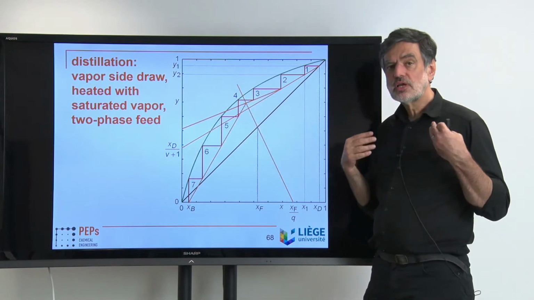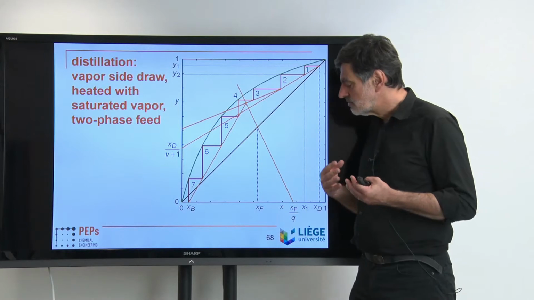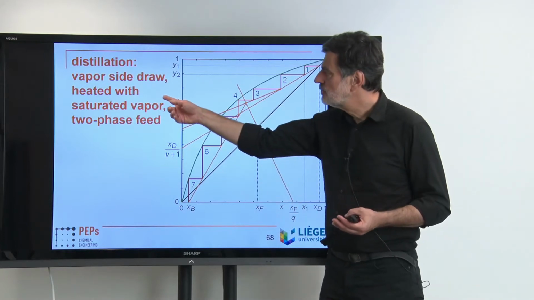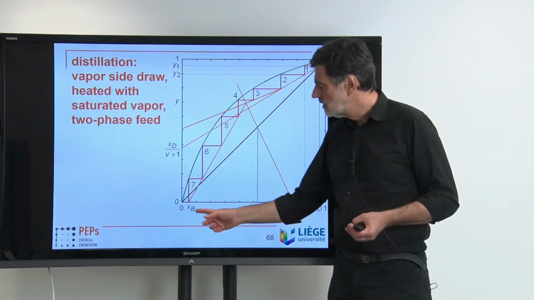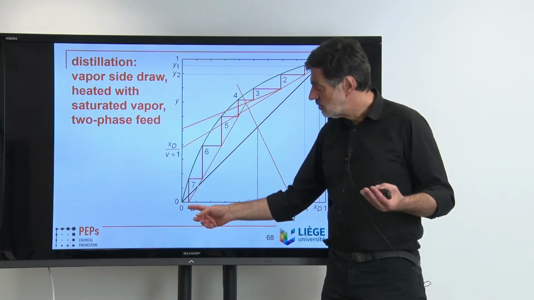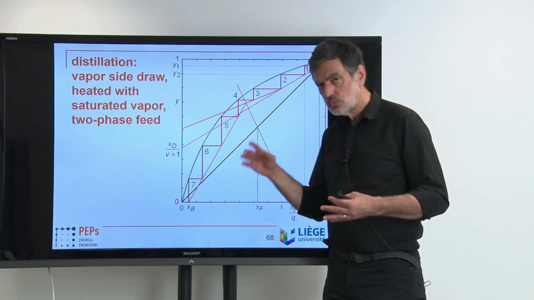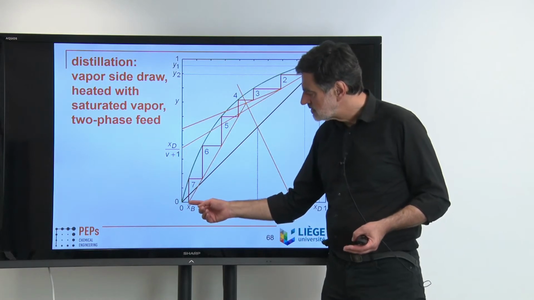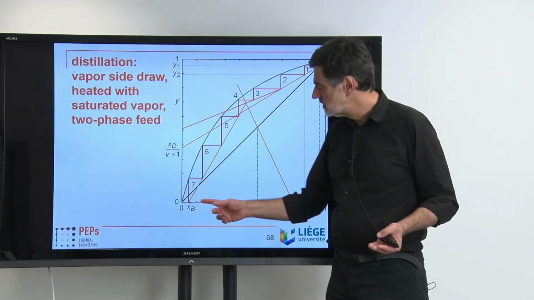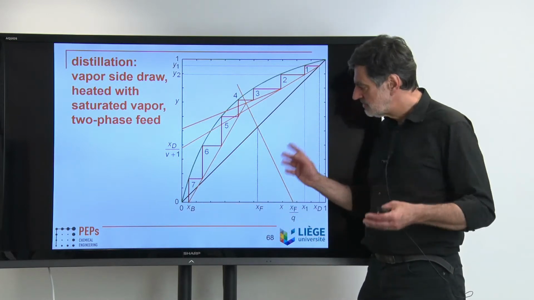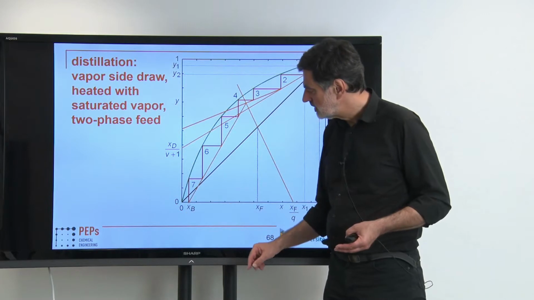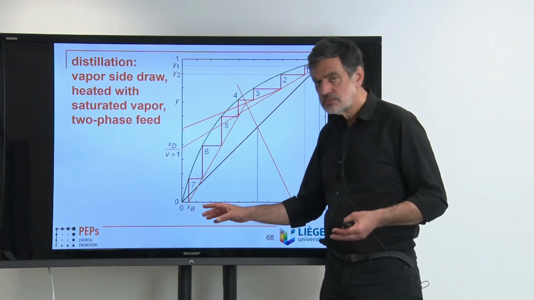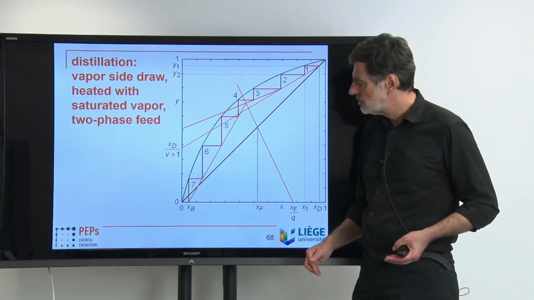For the stripping line, the second point is defined by the reboiler conditions. There we want to heat with saturated vapor, pure water vapor presumably, so we have an aqueous system. And at XB, that's our bottom purity that we want to achieve, or that we achieve due to the balances. If flow rates are specified, then that is typically specified as well from the balances. Or it's given, depending which way around.